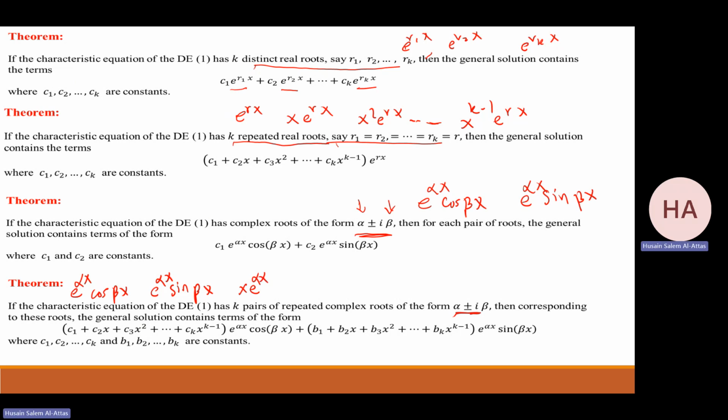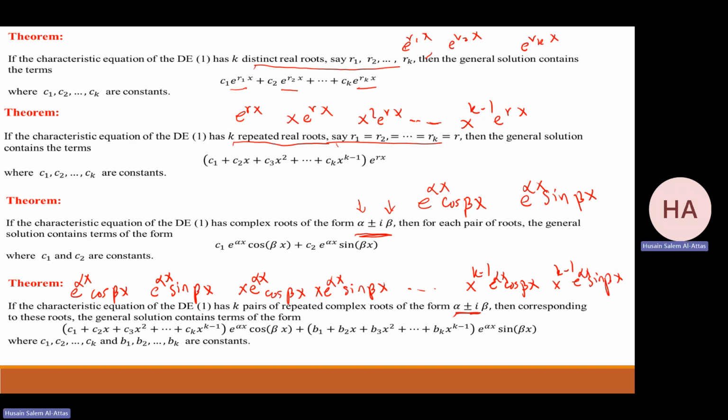Because of that, I told you there are actually 3 cases, not 4 cases, but this is the way the book is making it. And e to the alpha x times x sine beta x, and then until I reach x to the power k minus 1 e to the alpha x cosine beta x. And don't forget, I have the one with the sine.